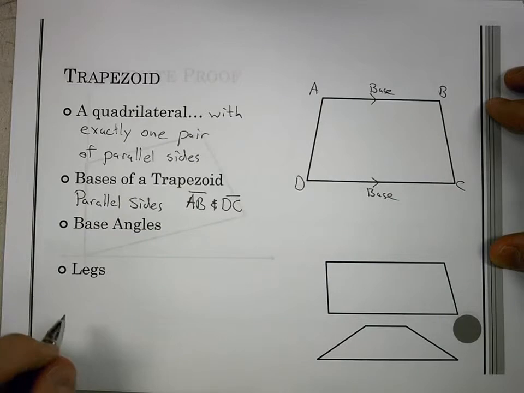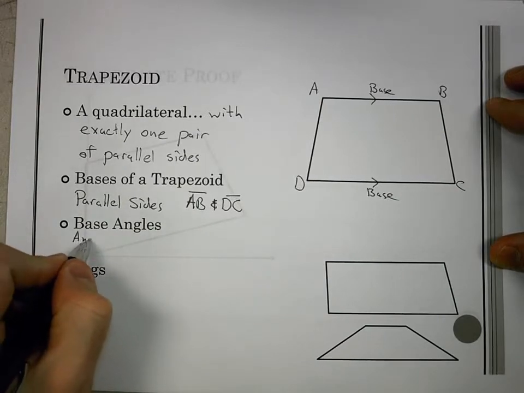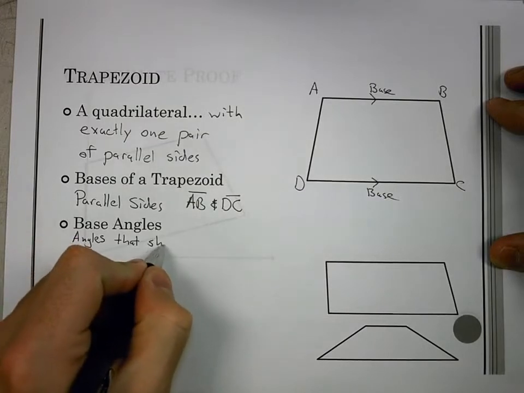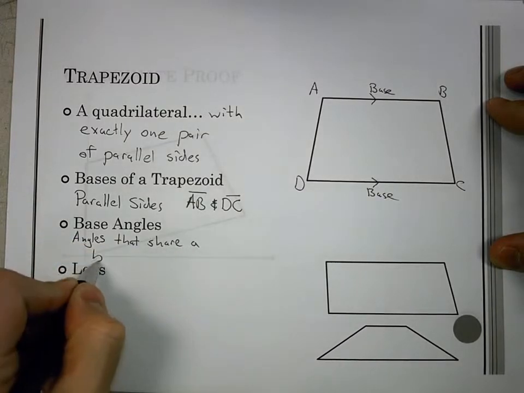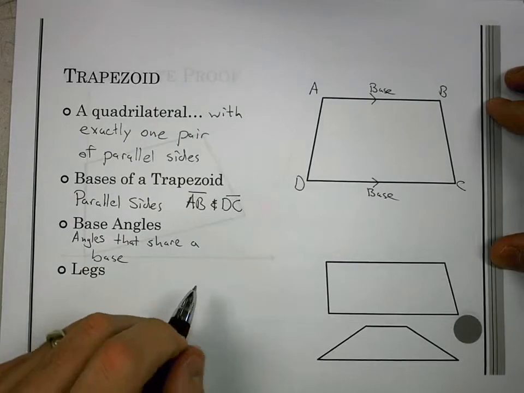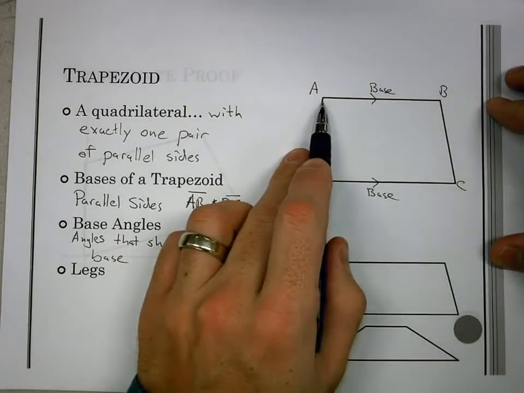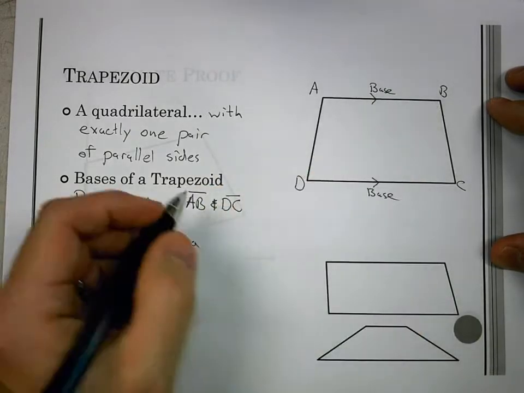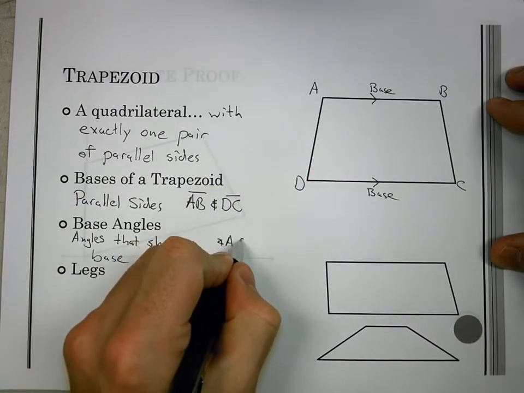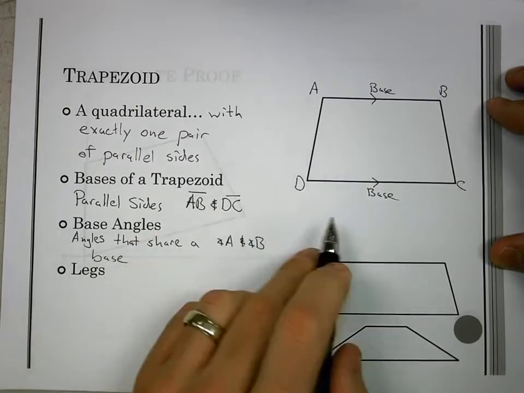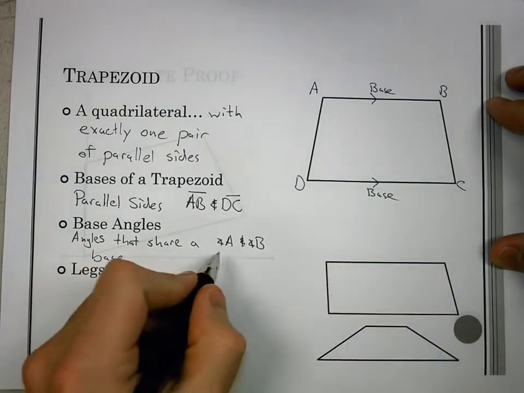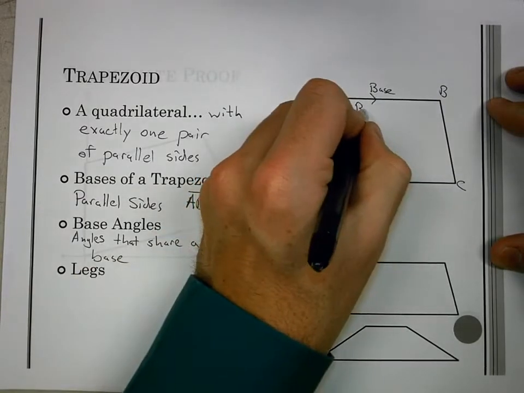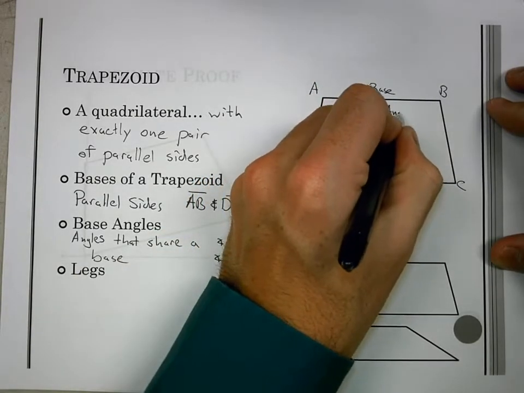The base angles are going to be angles that share a base or have a base in common. So if we look at what we have, AB makes up a base. The two base angles for that would be angle A and angle B. Whereas on base DC, the two base angles would be angle D and angle C. So we have our base angles.